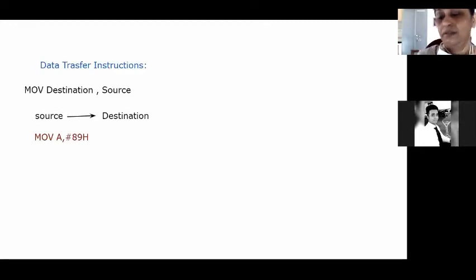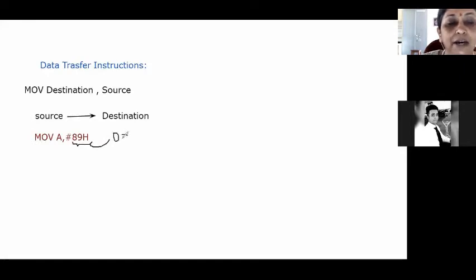What will happen after execution of this instruction, or how will this instruction work? This instruction shows immediate addressing mode. Whatever data is present here is treated as data, because it is preceded by the hash.